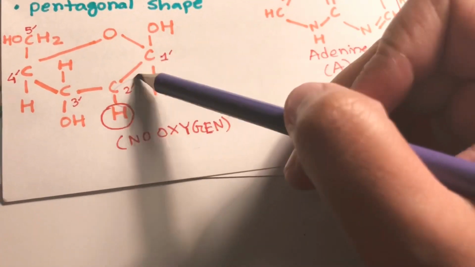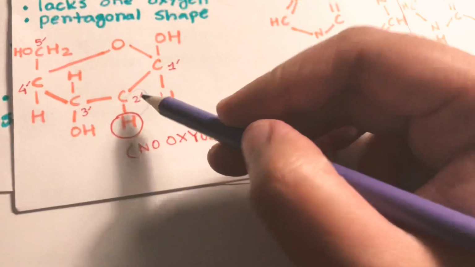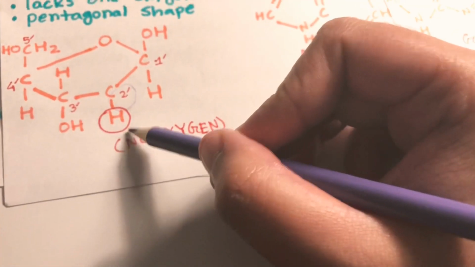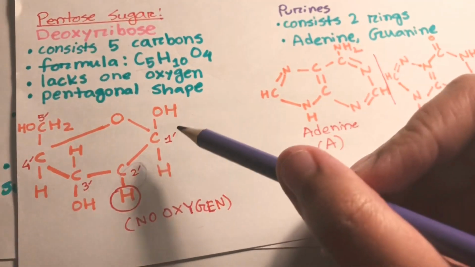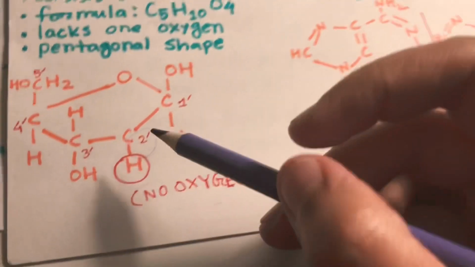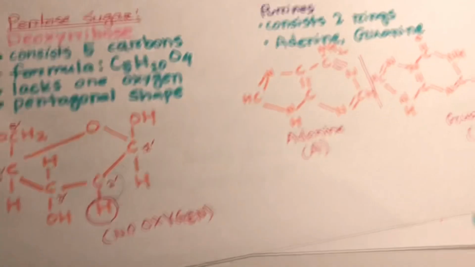These carbons are numbered 1, 2, 3, 4, 5, and we can see that in carbon 2 there is no oxygen present, so that is why this sugar is known as deoxyribose, because it lacks one oxygen in carbon number 2.